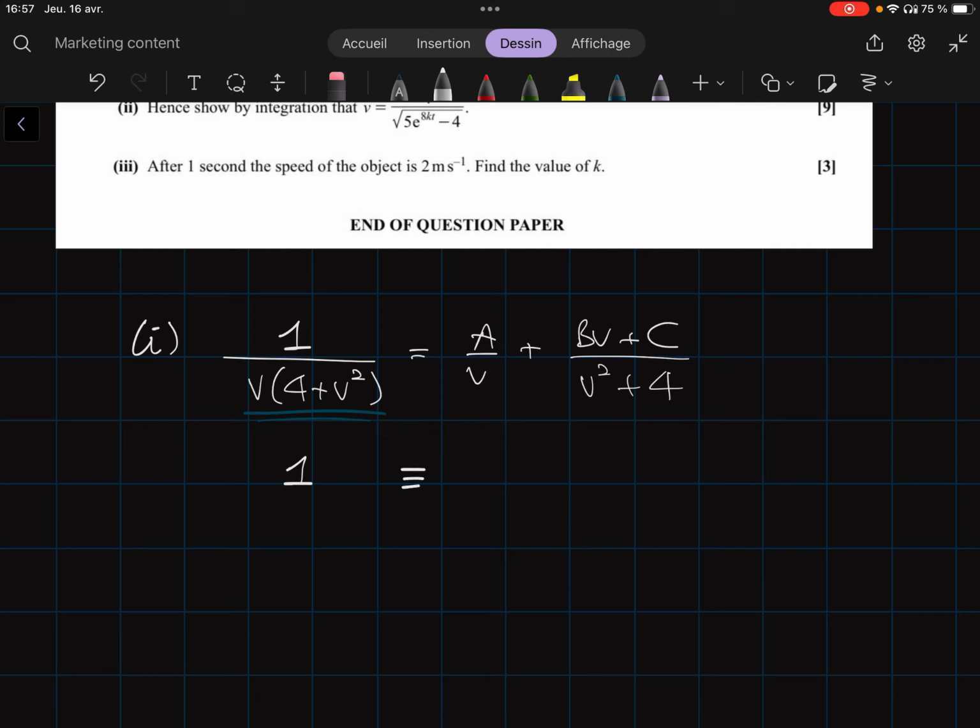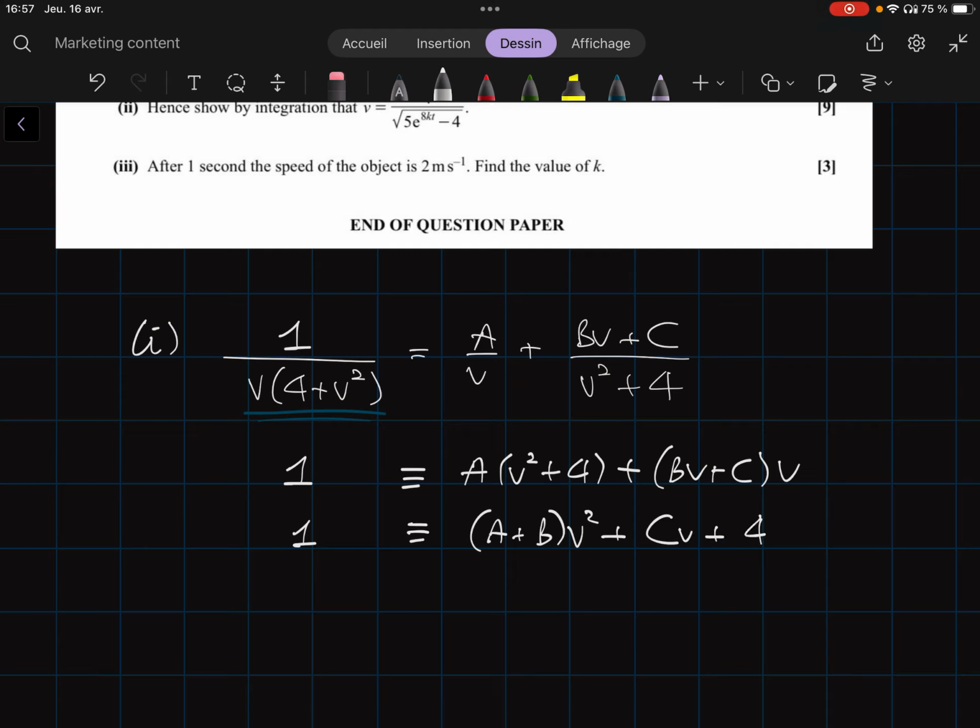Adding the two fractions on the right-hand side, simplifying it a little bit, and there goes your expression.